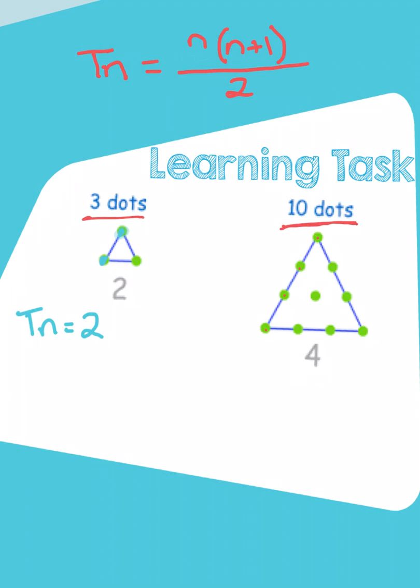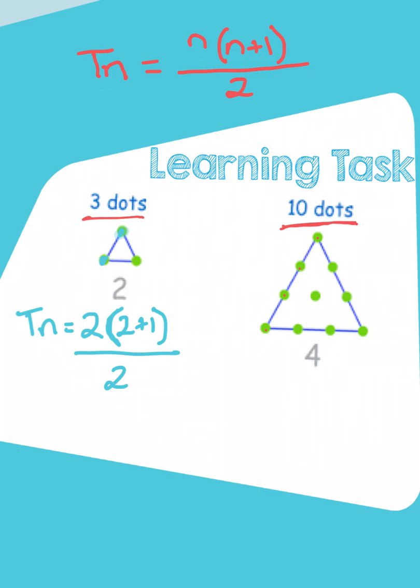Then I open my bracket and it's 2, because n for this question is 2. Then 2 plus 1, close bracket, over 2.